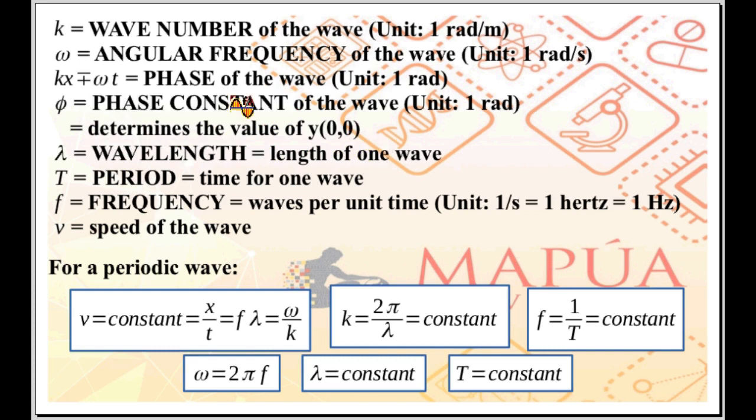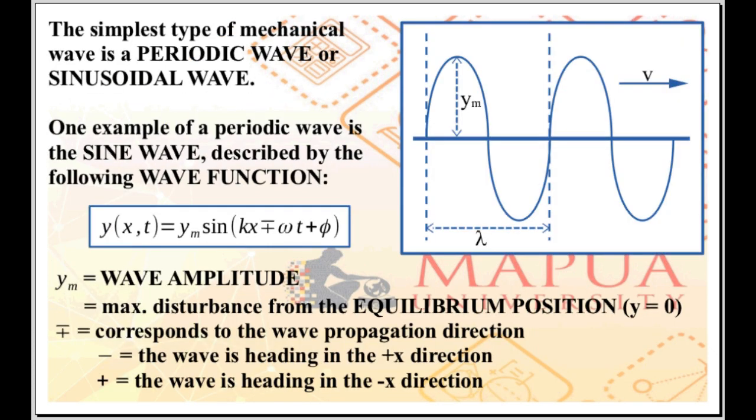And note that kx minus/plus omega t, the phase, and phi, the phase constant, both have units of radians. So take note of that. That means the quantity inside the sine function is in radians.